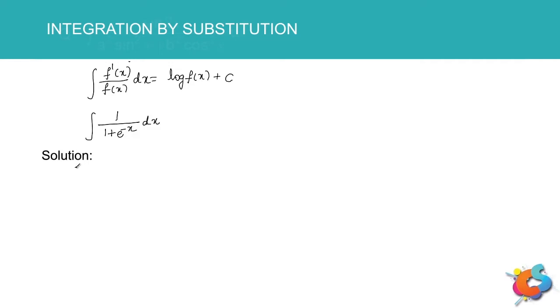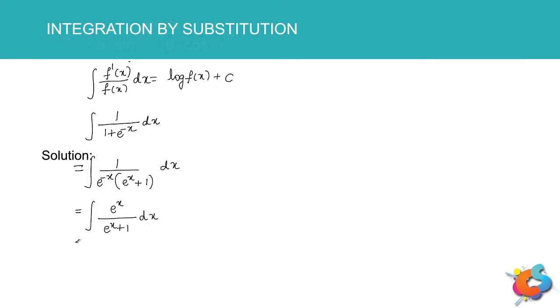What we can do here is, in the denominator, I will take e power minus x common, so that 1 by e power minus x becomes e power x plus 1, since we have already taken e power minus x common, so it becomes 1 into dx. Here we will send this e power minus x to the numerator. So the given problem reduces to e power x by e power x plus 1.